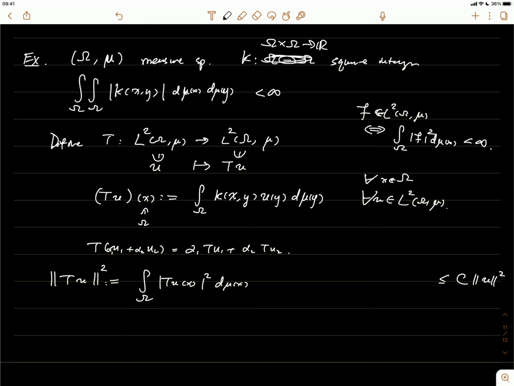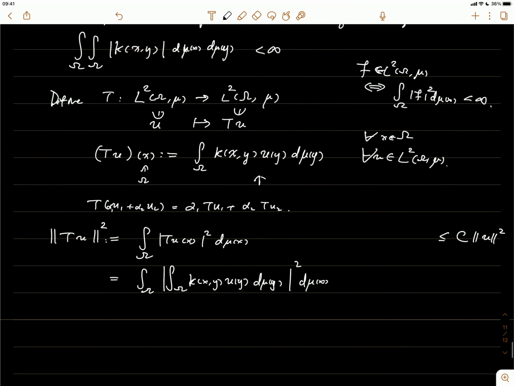Well, let's see if that's the case. By definition, T u(x) is the one above. So let's take the integral of the integral of K(x,y) u(y) d mu y, squared, then d mu x. I want to see if this is bounded by something like that.